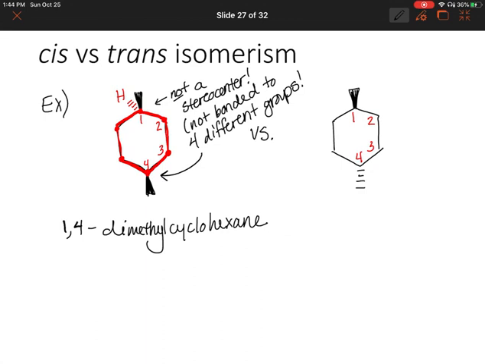So even though we have a wedge position at carbon 4 for that methyl group, that doesn't really make a difference. We're more interested in the chain of carbons going around the ring. So those also are not stereocenters. Okay, so we can't assign R or S to these molecules.